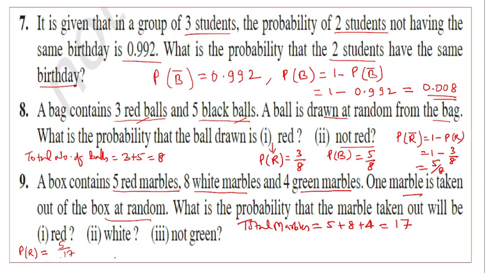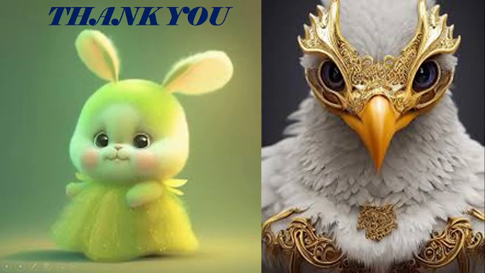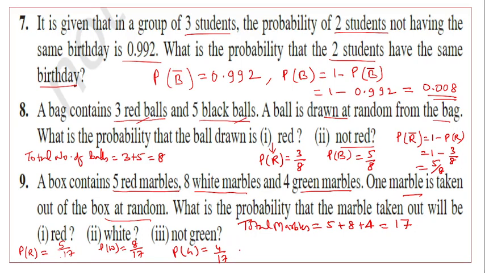What is the probability that the marble taken out will be white? How many white are there? 8. So it will be 8 by 17. The probability of getting a green marble is 4 by 17, but we need to find the probability that the marble will not be green.